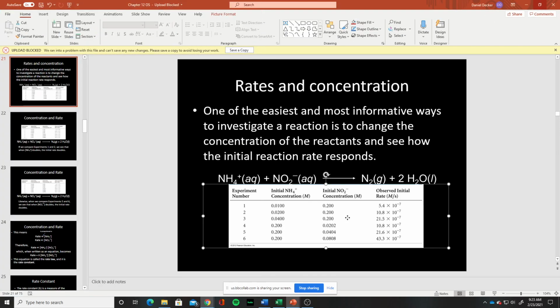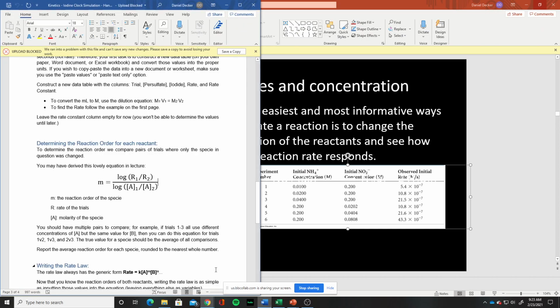So in our example here, to find the order with respect to the ammonia, we would take the rate for trial 1, since the ammonia is the one that's changing here. So it would be 5.4 times 10 to the negative 7, that would be R1. 10.8 times 10 to the negative 7 would be R2.